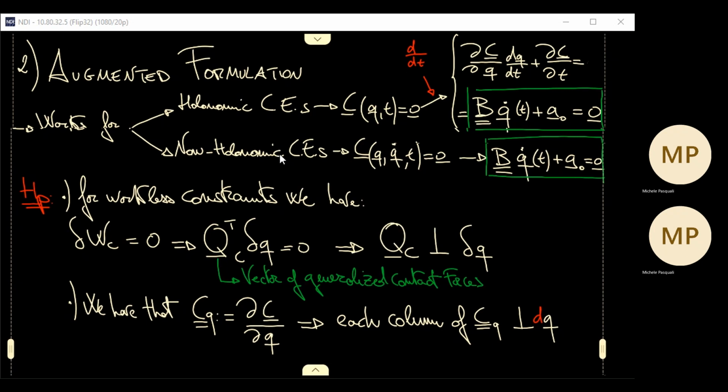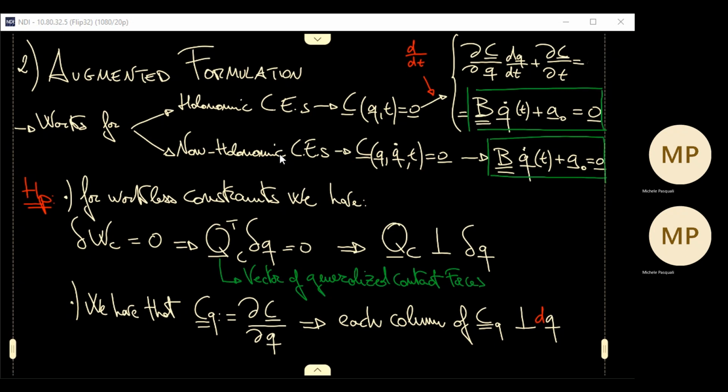So what we can say is that we can make this assumption: this vector of generalized contact forces is nothing that different than the columns of this CQ times a multiplying constant, because they have the same direction.